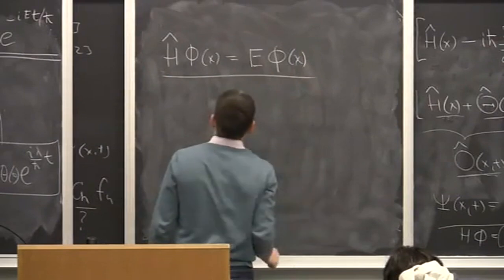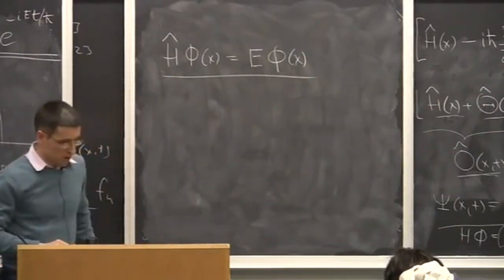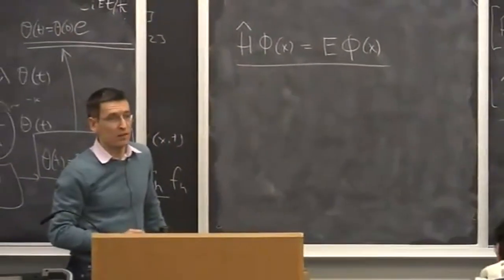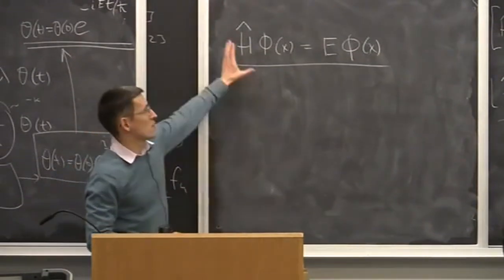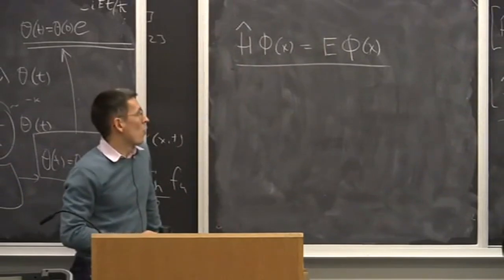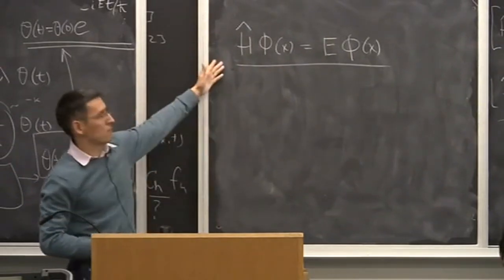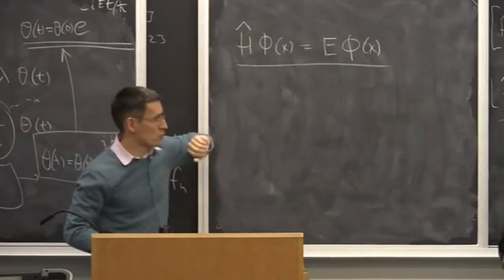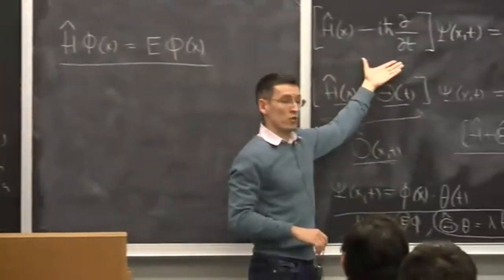And for the rest of the semester, what I will be solving is this problem for different systems. Why? Because this problem is the key to the solution of the time-dependent Schrödinger equation.